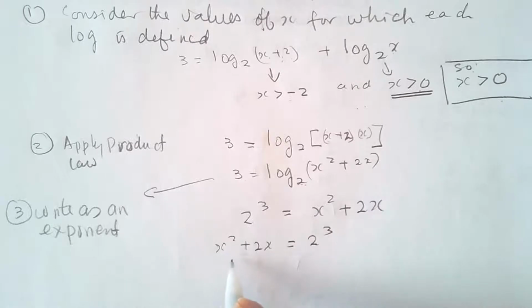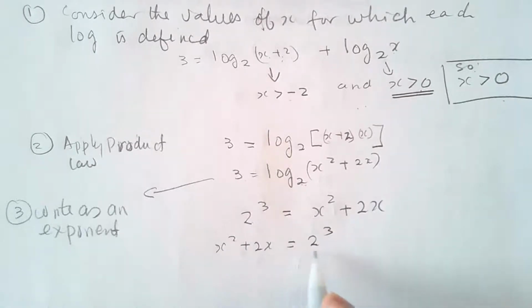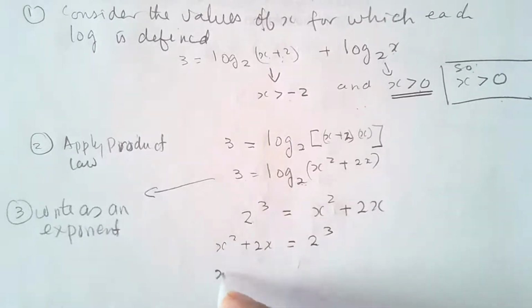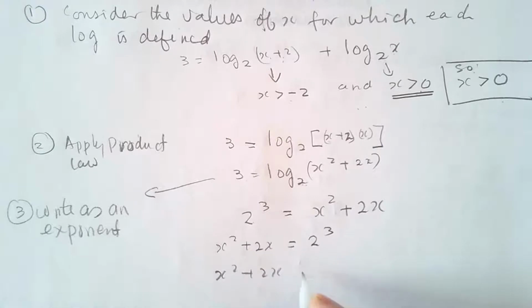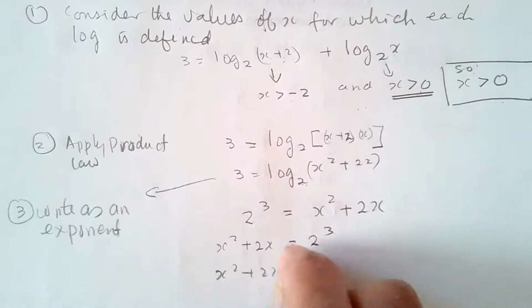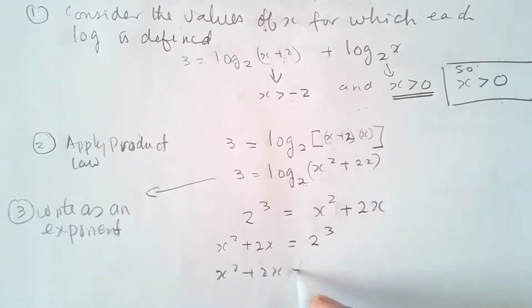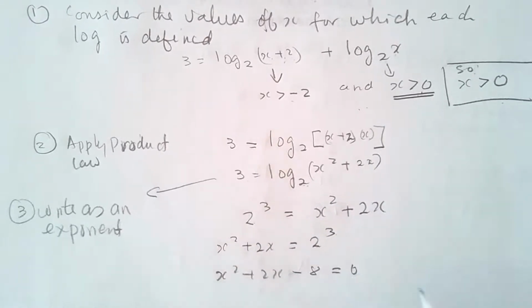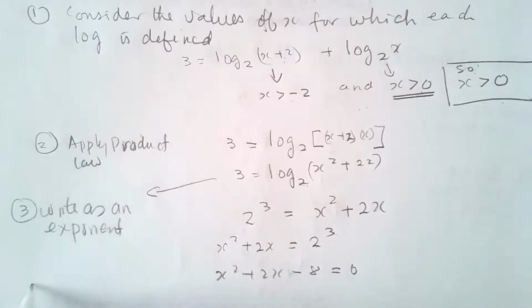Now, we are going to factor this by putting all on one side. So simplify it. We have x squared plus 2x, and 2 to the power 3 is going to give me 8, minus 8 equals 0. Now I factor.